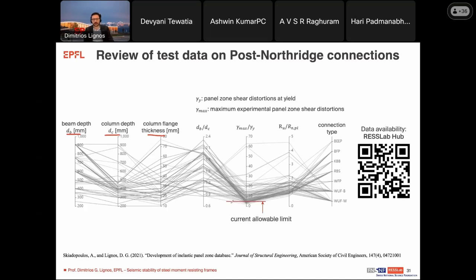And while the current allowable limit essentially is, as we said, at 4 gamma y, you see that we had a substantial number of cases where the panel zone, in fact, yielded a lot more, and that these are very interesting cases because these could provide additional insights into models for panel zone design, but also behavior of connections where panel zones dissipate more energy than what the code allows us today.